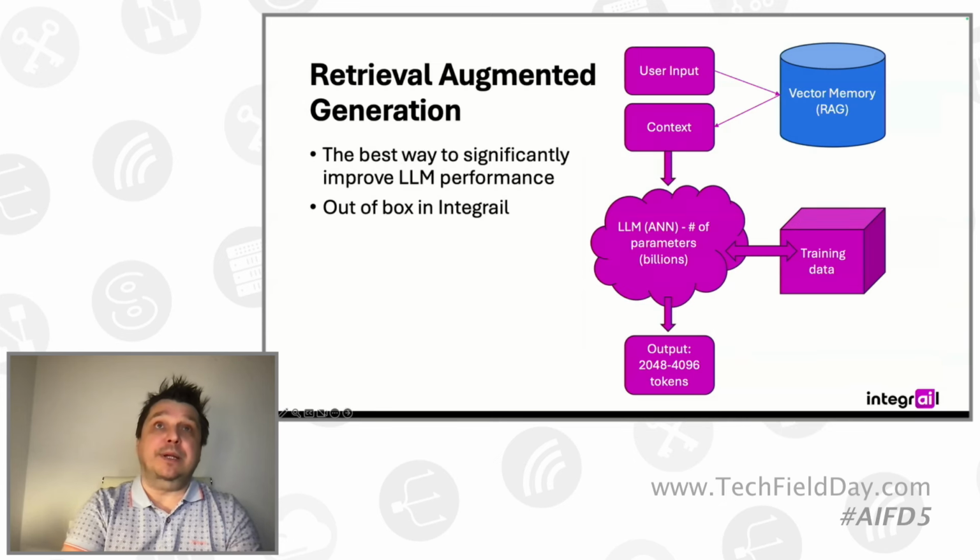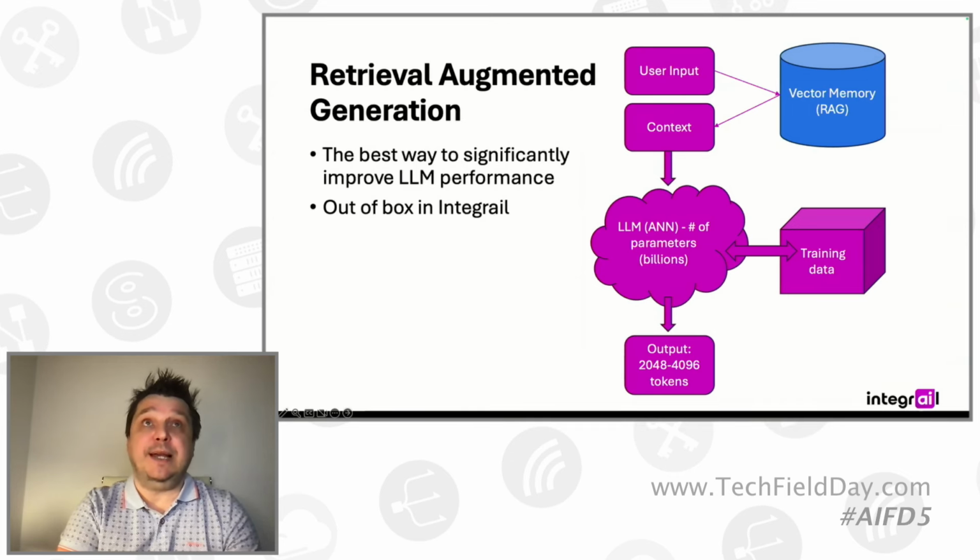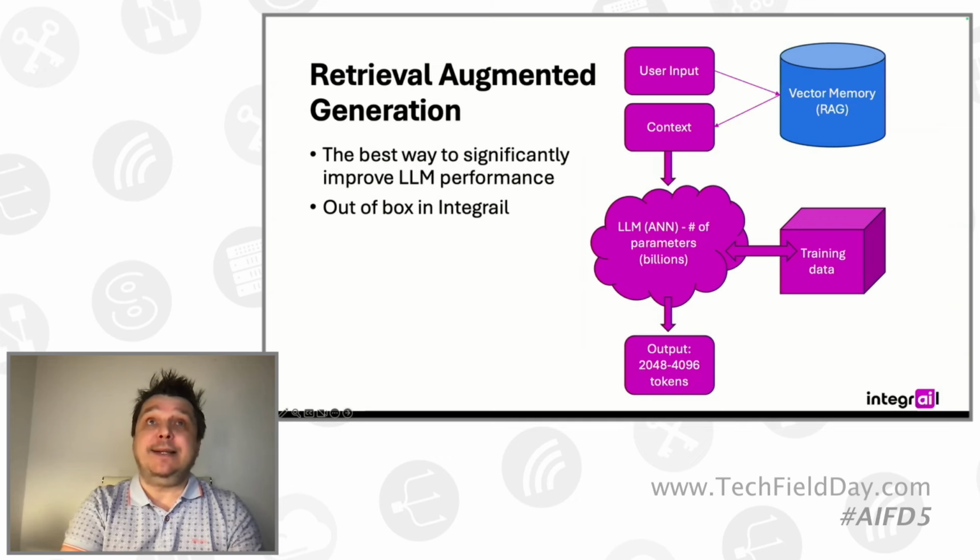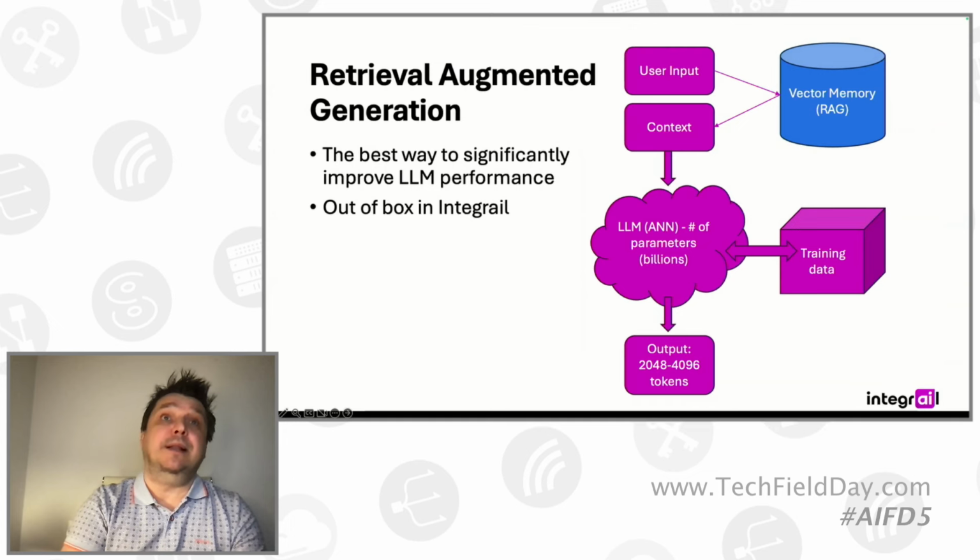So the way around it is the whole point about vector memory and RAG, which is Retrieval Augmented Generation, as we already discussed. The idea is you provide some input. We search and find semantically close context in whatever database we have that is semantically relevant to whatever a user is asking for. And then we put it as part of the context that is invisible to the user, but it's visible to the LLM.